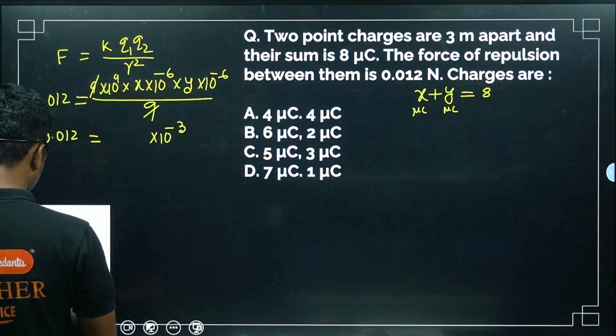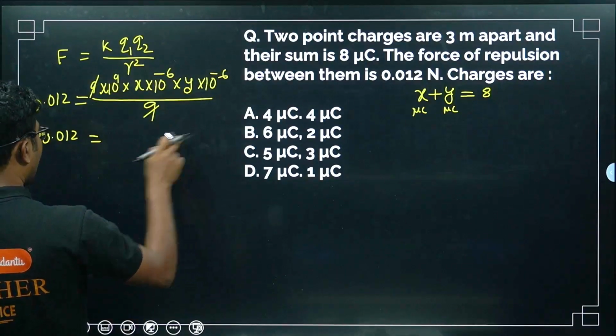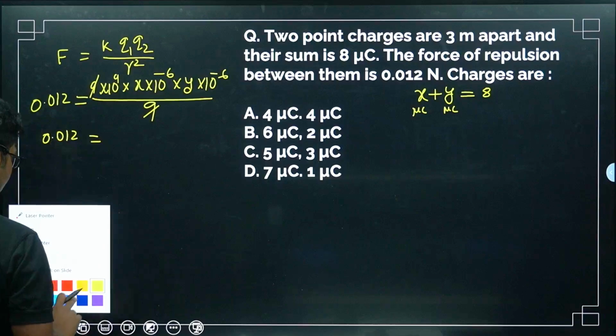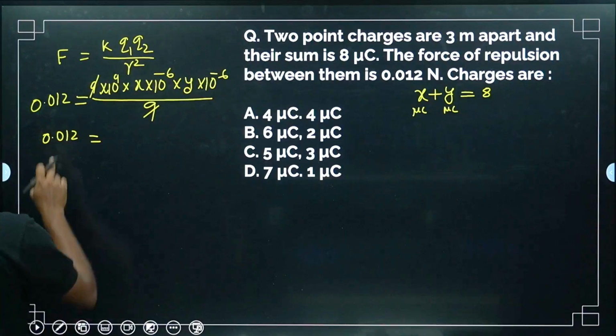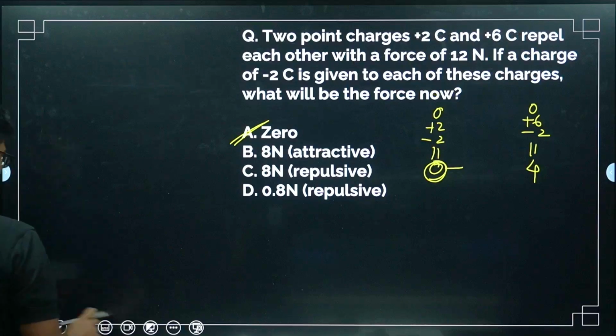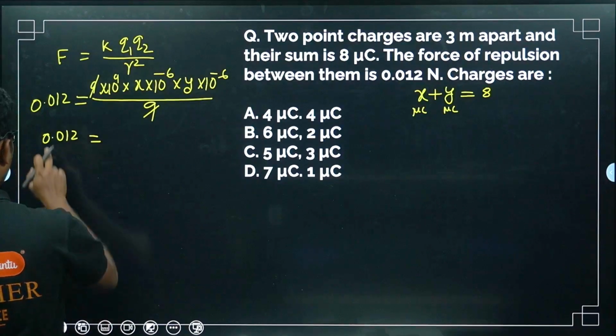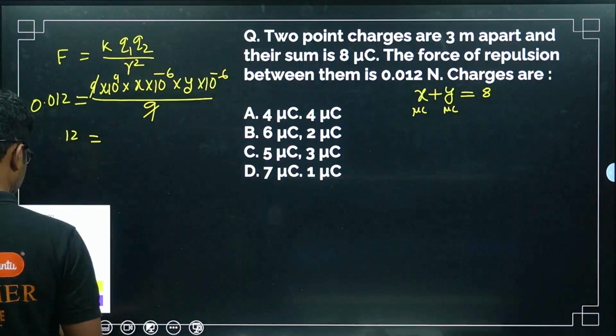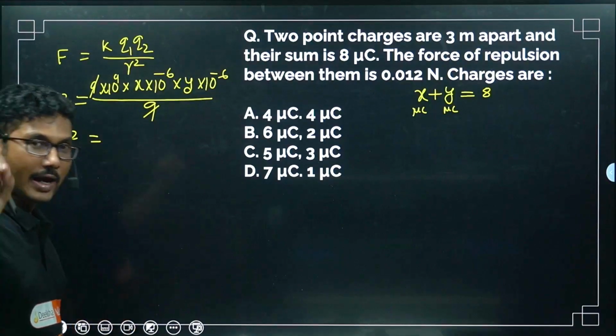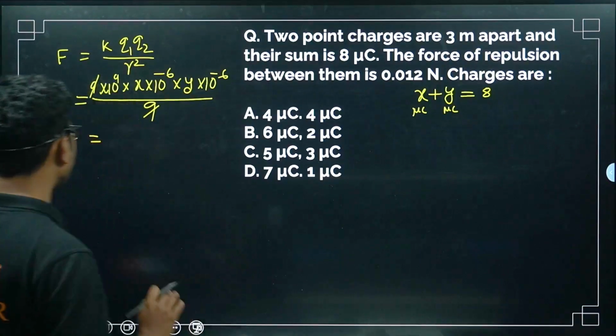So 10 to the power of plus 3 means 1000, multiplied by 0.12 is 120, so all the points will be gone and it will become only 12. This is a shortcut I am doing. If you have any doubts, this is a very simple shortcut.